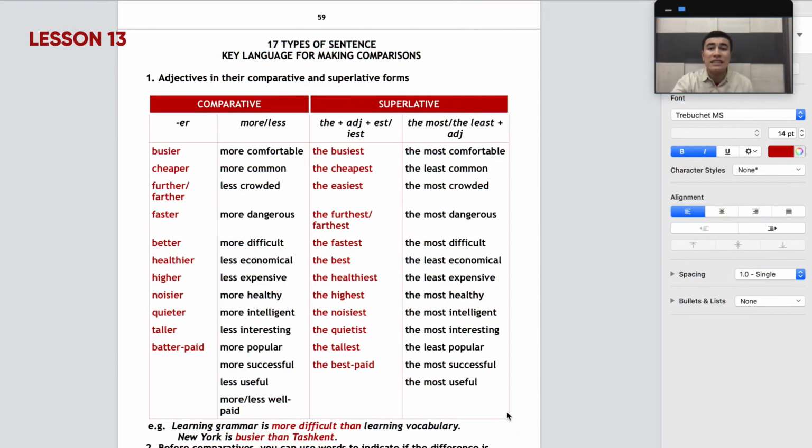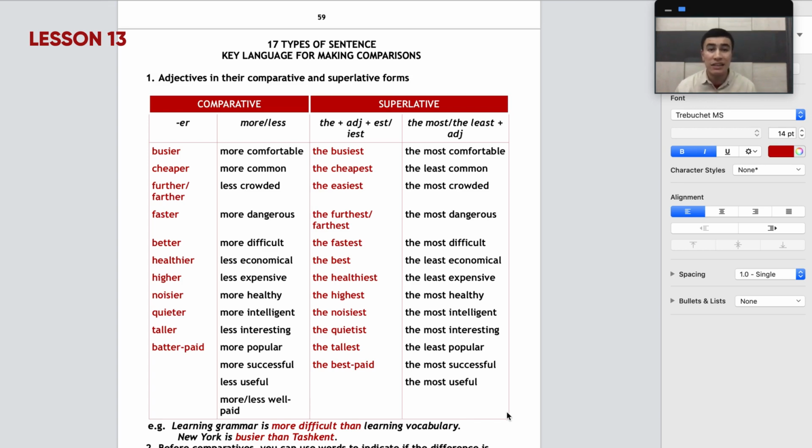I hope writing an introduction and an overview was clear to you guys, and now we will talk about key language for making comparisons. Now we have 17 types of sentences, and the first one is of course adjectives in their comparative and superlative forms.